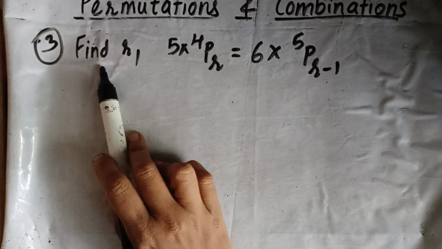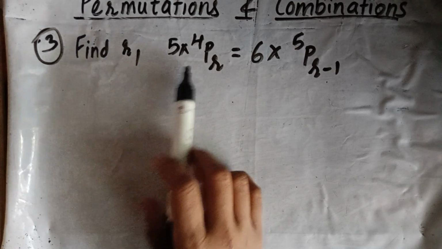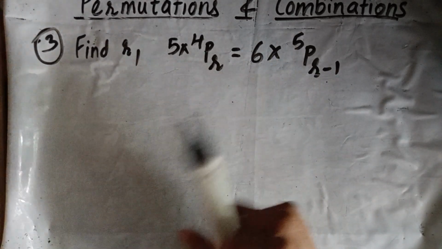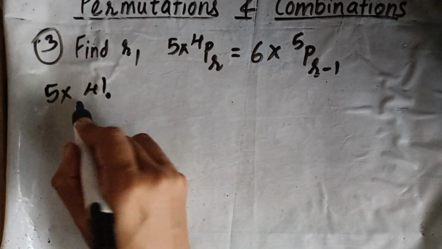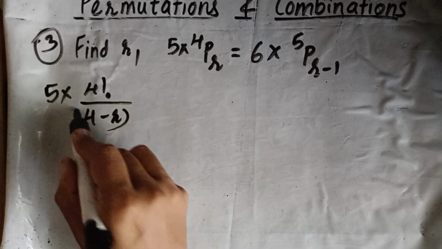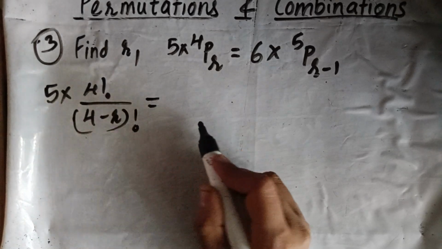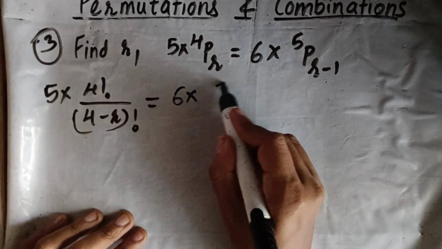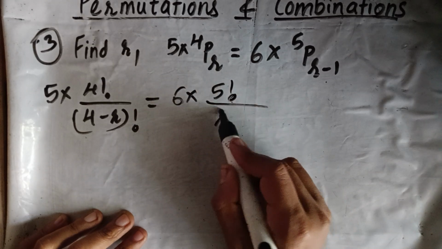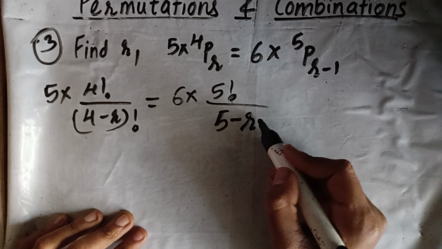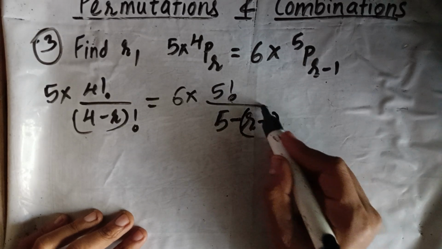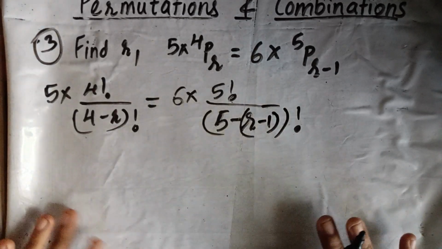Next question. You have to find r. This equation is given. So solving it, 4 factorial upon 4 minus r factorial equals 6 into 5 factorial upon 5 minus r plus 1 factorial.